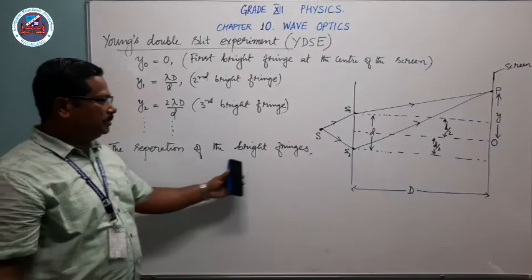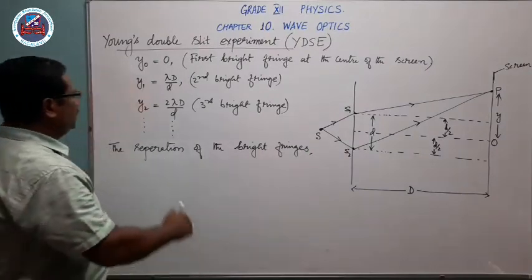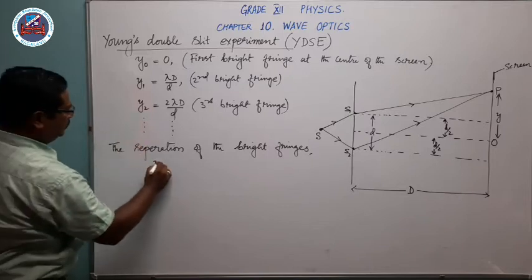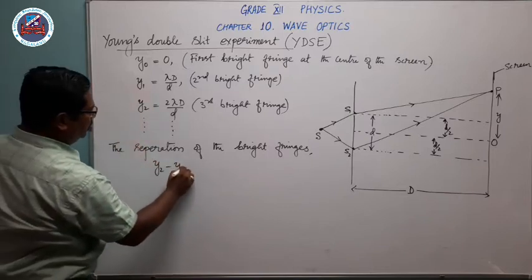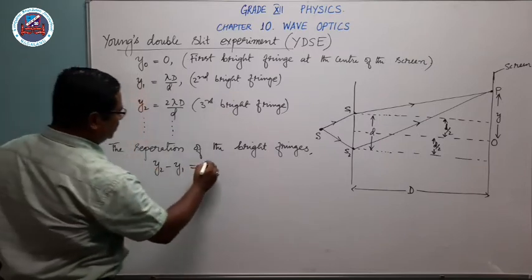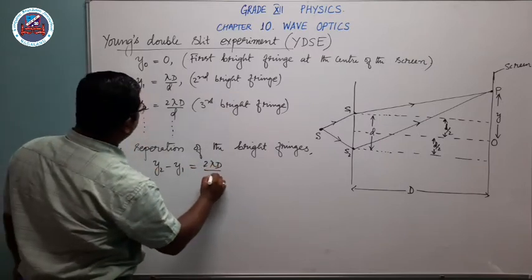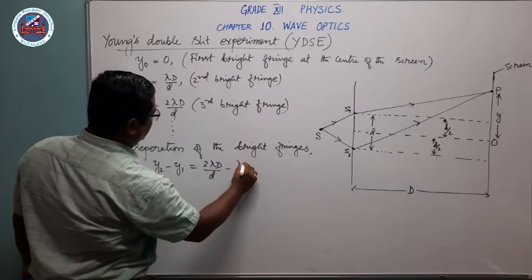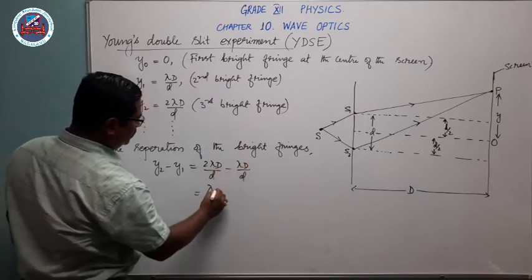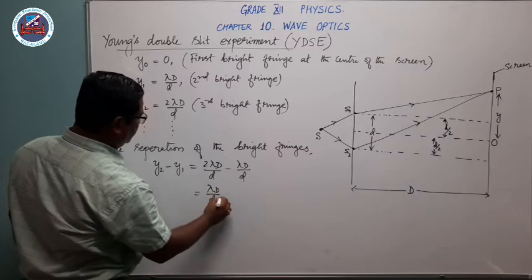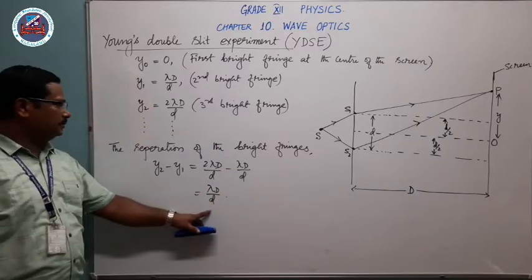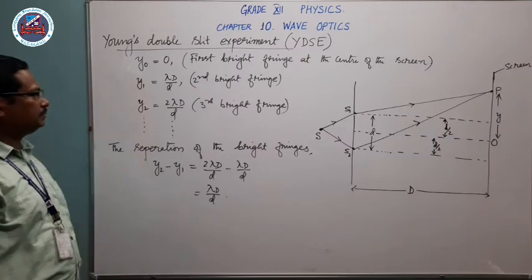To find the separation between the bright fringes, you can subtract any two consecutive values. Suppose y2 minus y1 gives the separation between two bright fringes. It is 2 lambda D by d minus lambda D by d. So 2 minus 1 is 1, so it will be lambda D by d. They are equally spaced.